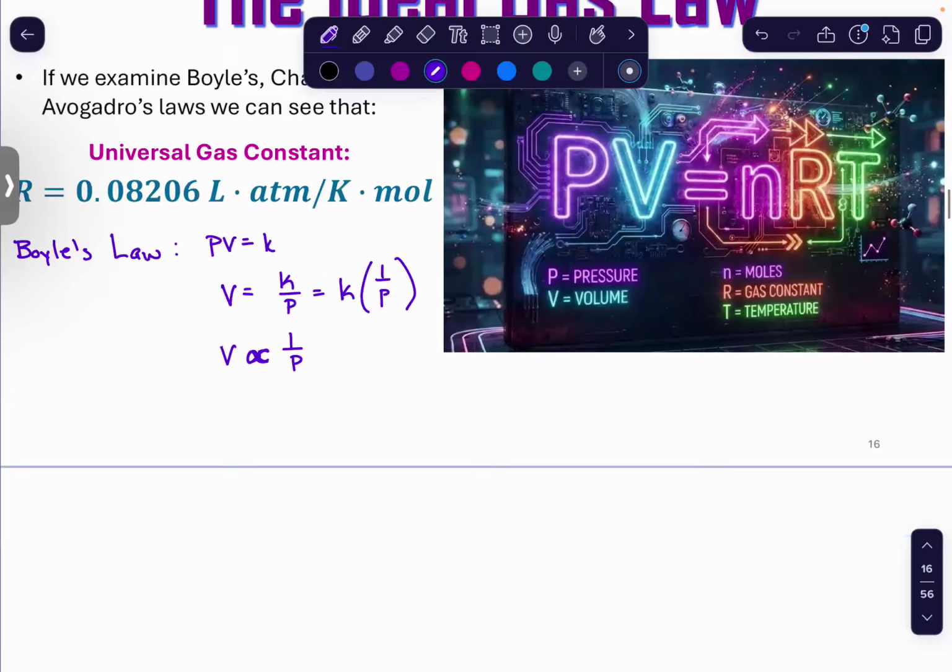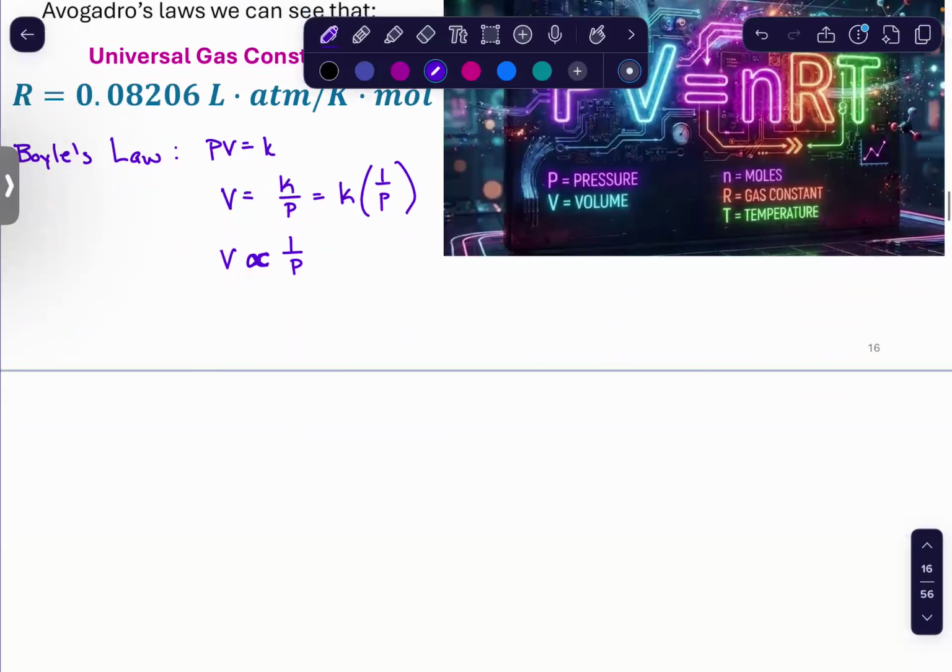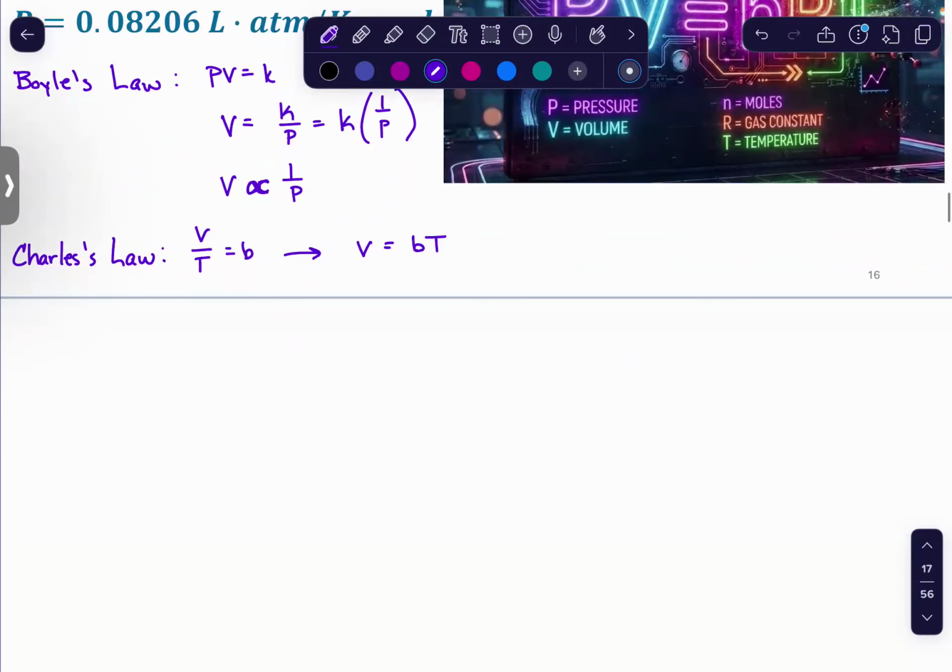Okay. Charles's law. That is your V over T equals your constant. We're going to move everything around to get V by itself because we're going to compare these through volume. And so, of course, you remember K is your proportionality constant.